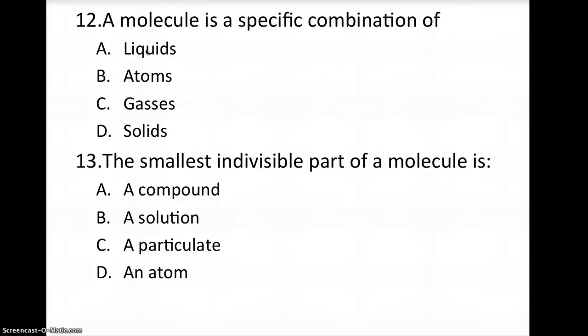Number 12. A molecule is a specific combination of A, liquids, B, atoms, C, gases, or D, solids.